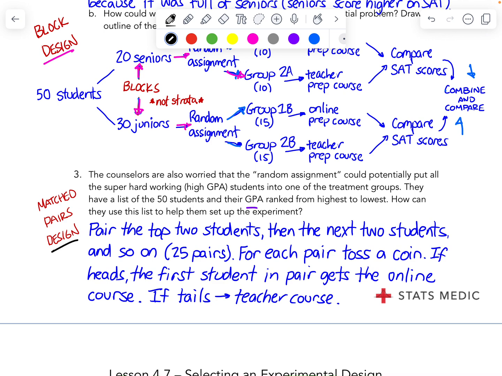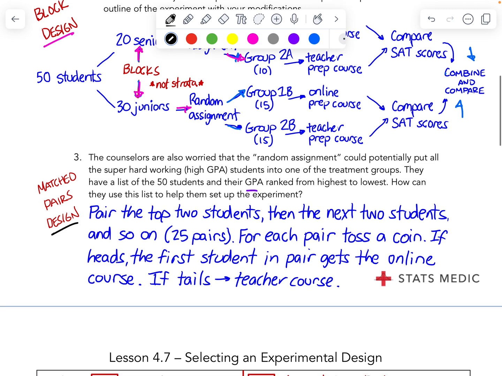For each pair, we would toss a coin, and if it lands on heads, the first student in the pair goes online, tails, the teacher course, etc. And there we could again compare, having controlled for GPA. That would assure that we had an even distribution of GPA between both groups.